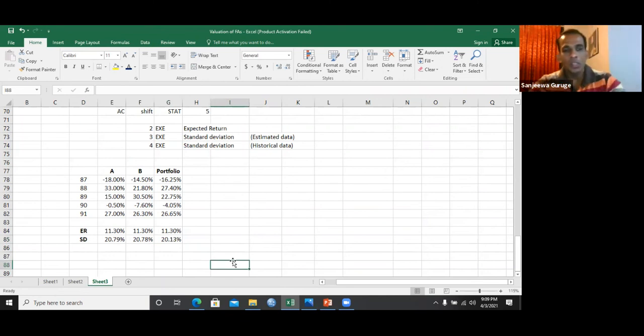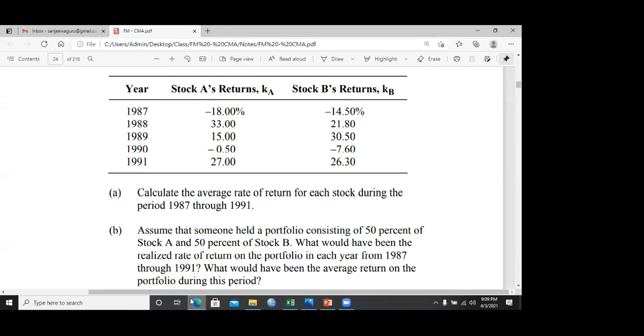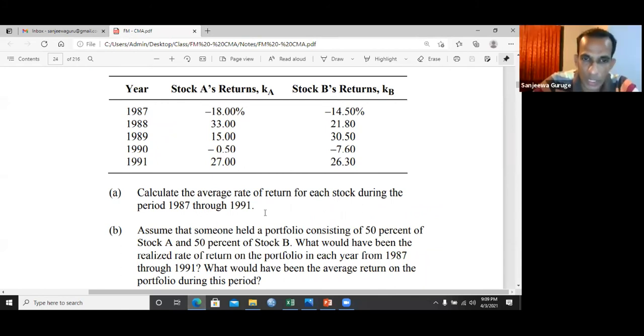So that's easy to calculate. When we use historical data, as one of you asked earlier, we don't need to insert the frequency, that is, the probability.